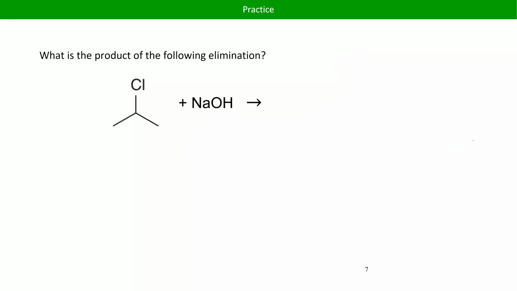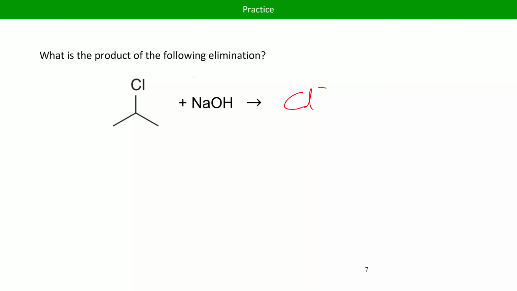What about if it goes through an elimination instead? If the hydroxide acts as a base instead of a nucleophile. Not quite the opposite. The elimination means we're going to make a pi bond. So the chloride is still going to leave.